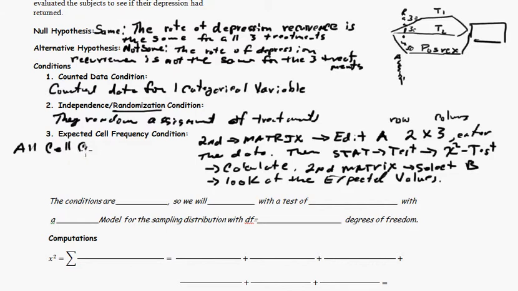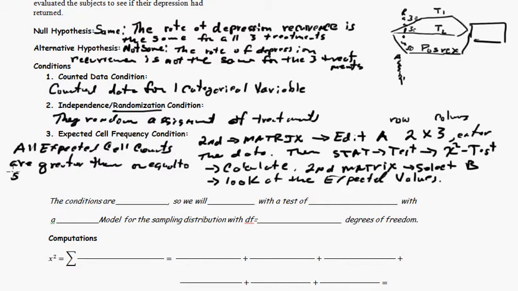The first thing to note is that all expected cell counts, don't say cell counts, say expected cell counts. I almost fell for the trap. All expected cell counts are greater than or equal to 5.